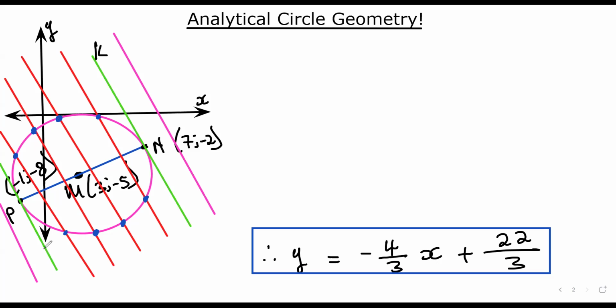So let's find the equation of this circle. In fact, tangent, sorry. So this is us. Well, we know the gradient already. So it's just going to be y equals negative 4 over 3x. And then maybe we can say plus c. And then we substitute the point P. So we say negative 1 as well as negative 8.